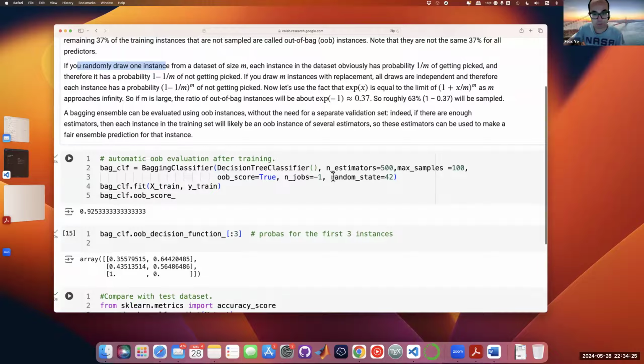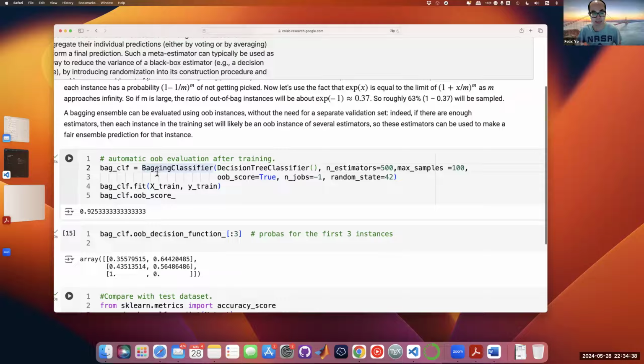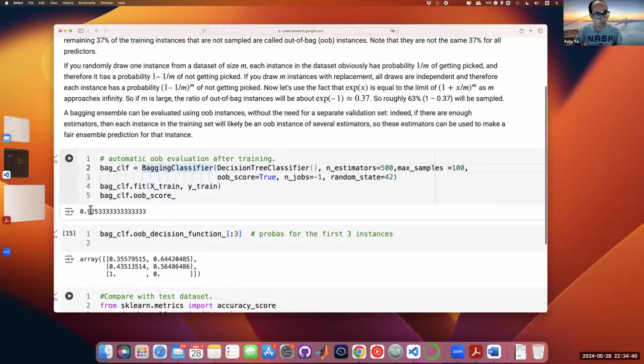If you want to use this OOB evaluation, you can just set oob_score to True. Then you can evaluate the OOB score immediately. This gives you 92.5% accuracy on the validation data set, which is quite good.